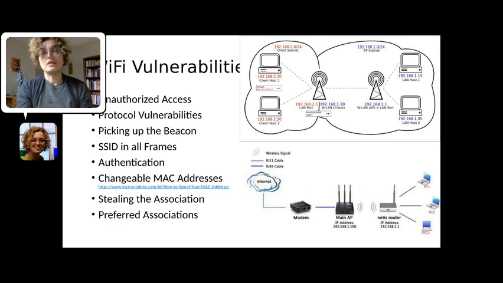And then you also need to look at these preferred associations that we have talked about, like my computer always looking for my home network SSID, and my phone trying to connect to an SSID that it recognizes. Do not allow your phone to automatically connect to any network that it picks up.